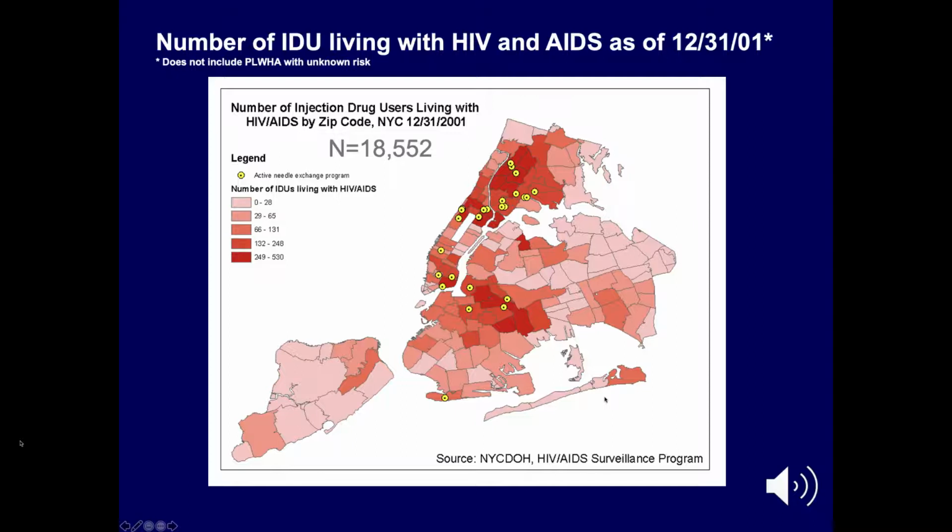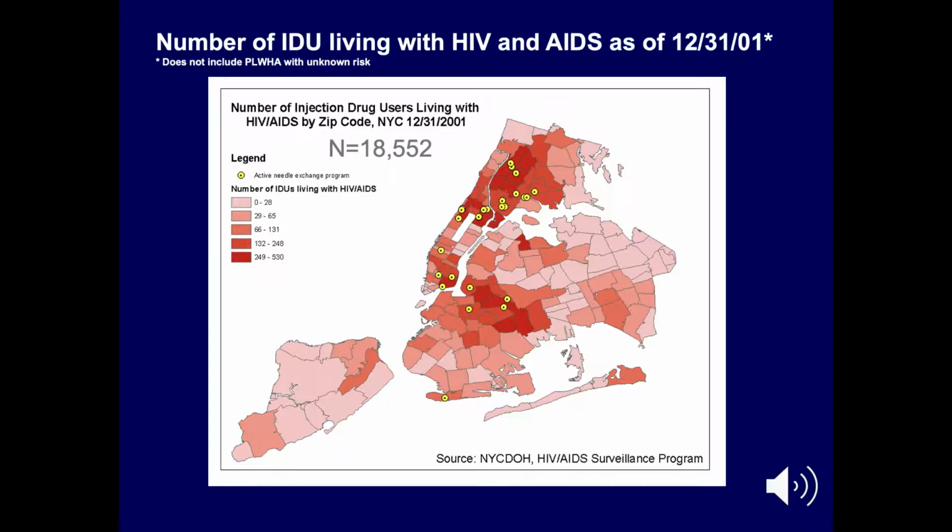The red areas of the map show those areas of the city where there are greater numbers of people with HIV who also inject drugs. And the yellow dots overlaid on the map show places where there are syringe exchange programs that people who inject drugs can use in order to prevent transmission of things like HIV or hepatitis.